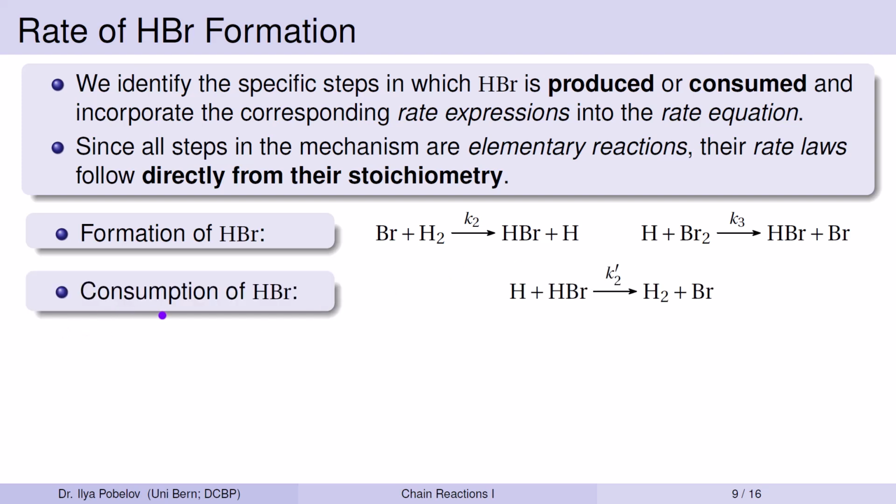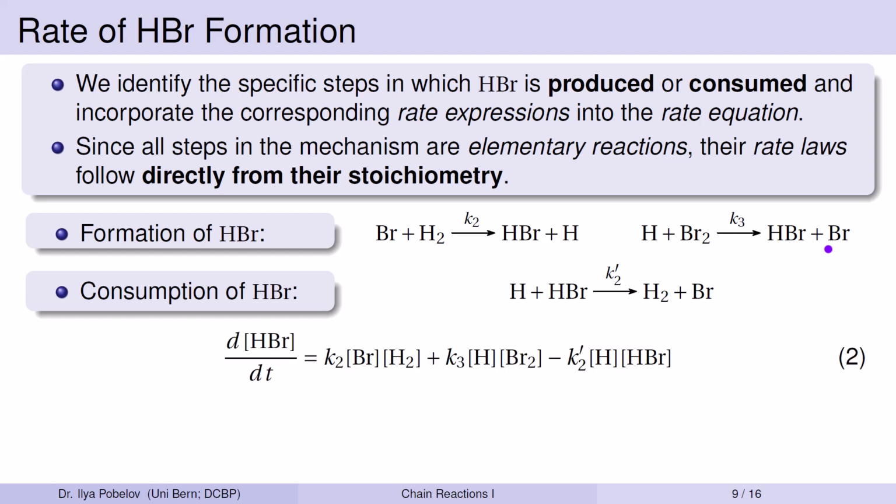The consumption of hydrogen bromide occurs in reverse reaction 2, where a hydrogen radical reacts with hydrogen bromide, reforming a hydrogen molecule and a bromine radical. This gives the following expression.